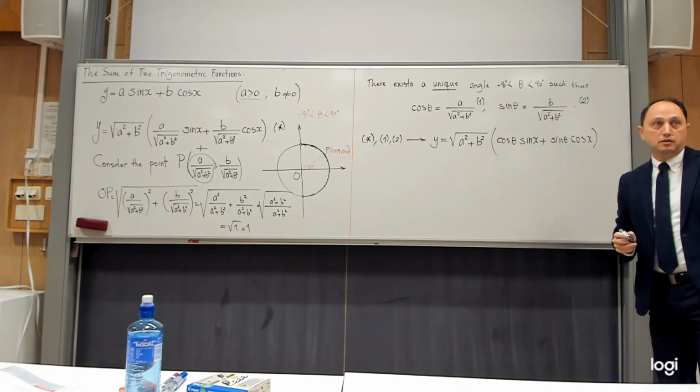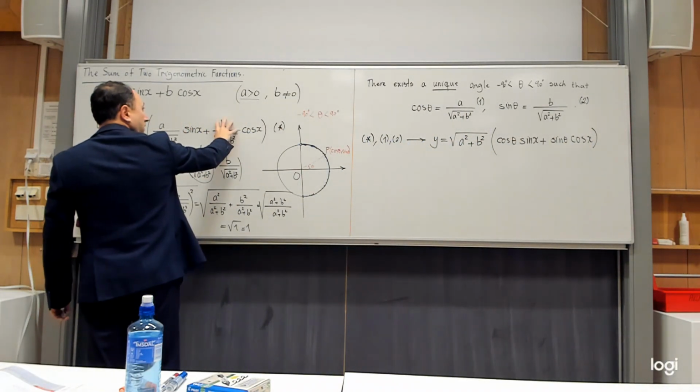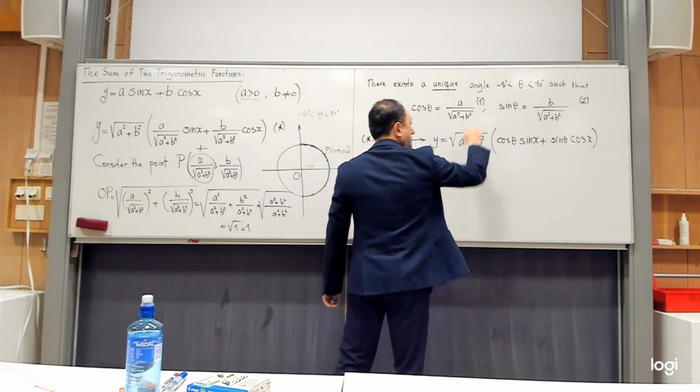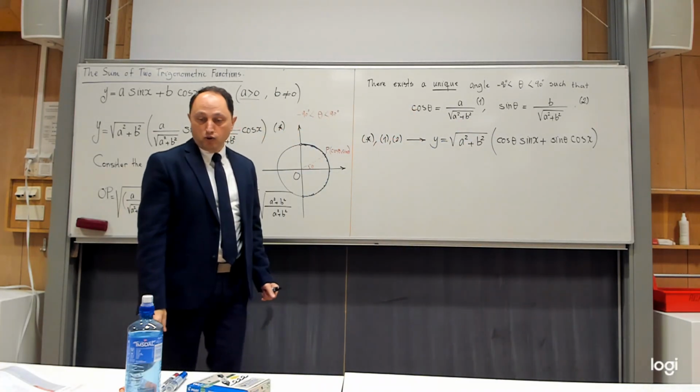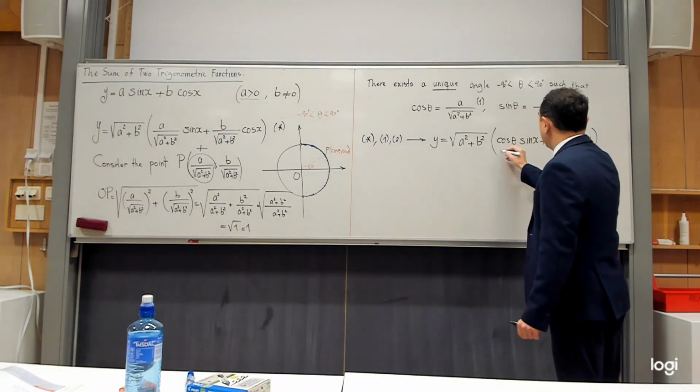Yeah, is that understandable? So what I have done, I have taken this away and put cosine and sine instead, and I got this. But I hope that this now sounds familiar, yes? So is this combination familiar?